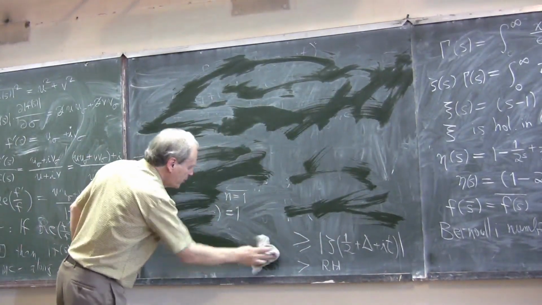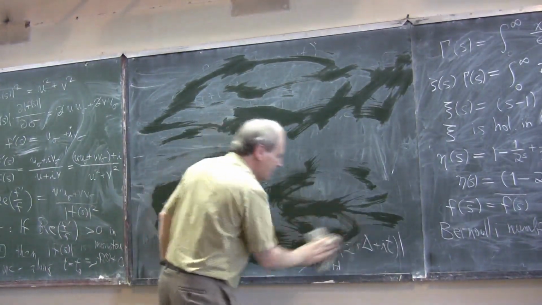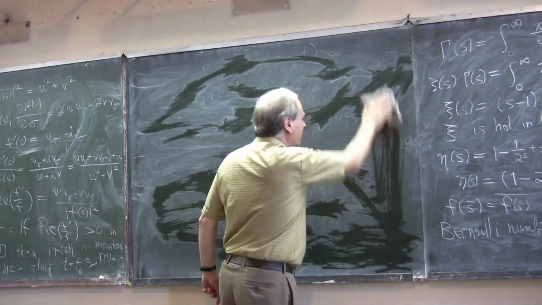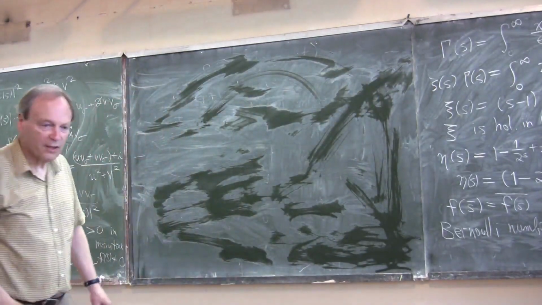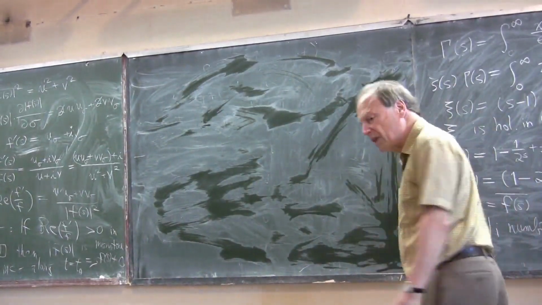So we're interested to show that the modulus of psi is decreasing to the left of the critical line, but that would be equivalent to showing that it's increasing to the right, because it's symmetric.